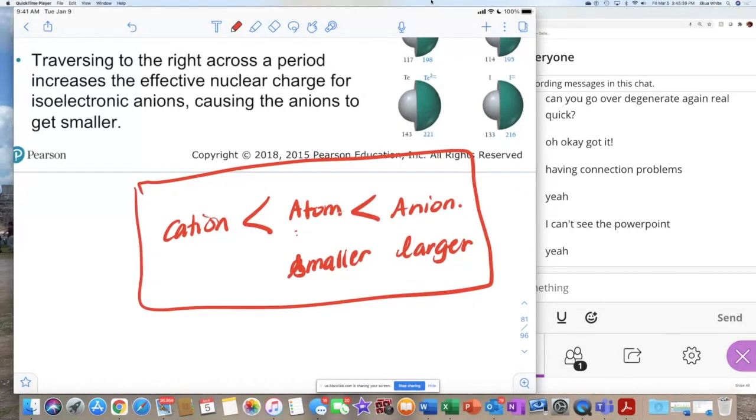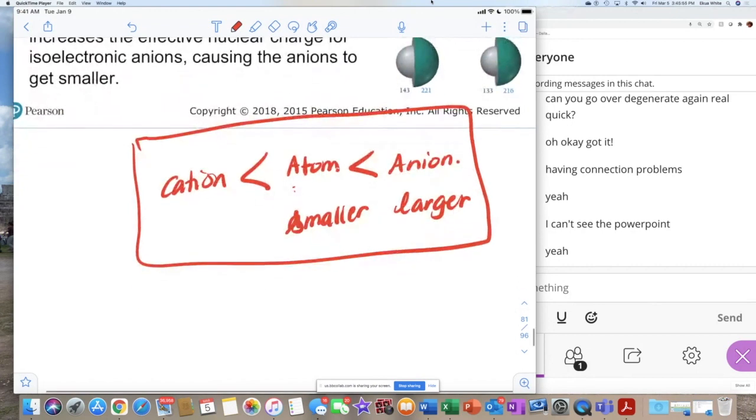If you're asked to compare the three together, the other way of looking at this is this: the overall size of the atom is influenced by the number of electrons. The more electrons you have, the larger the size. If that logic works for you, then go with this.